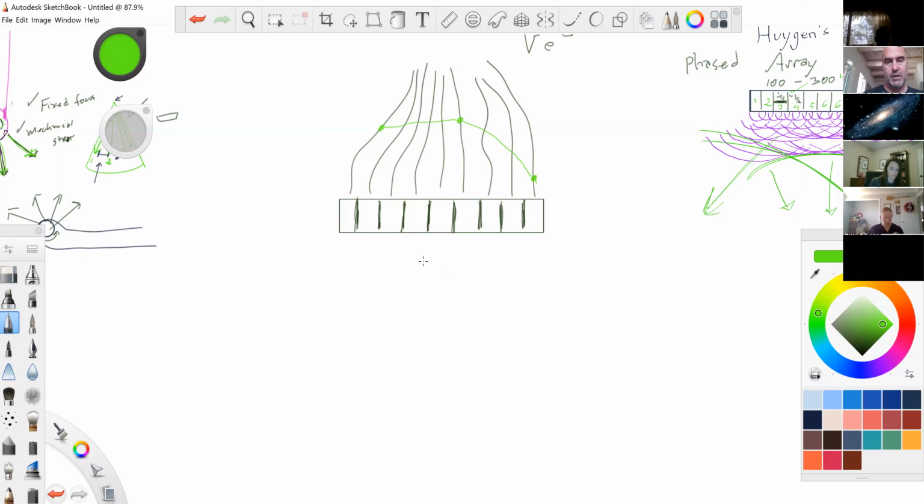So now we're going to have a wave front that looks like that. Focused and steered in that direction. And of course, then we get the multiple focuses. I think that's the next thing we're going to talk about.